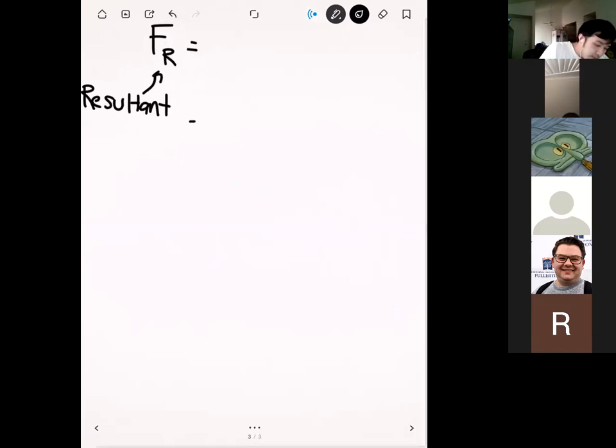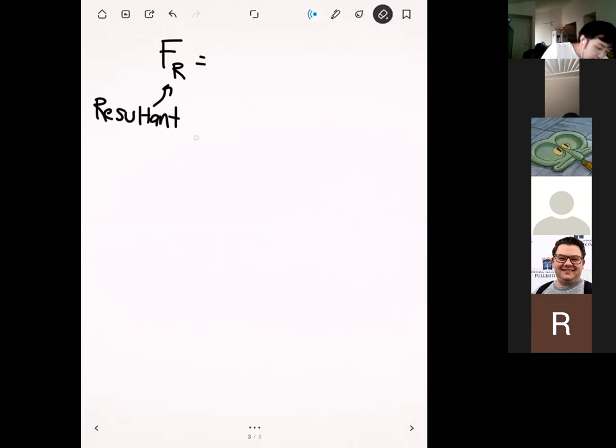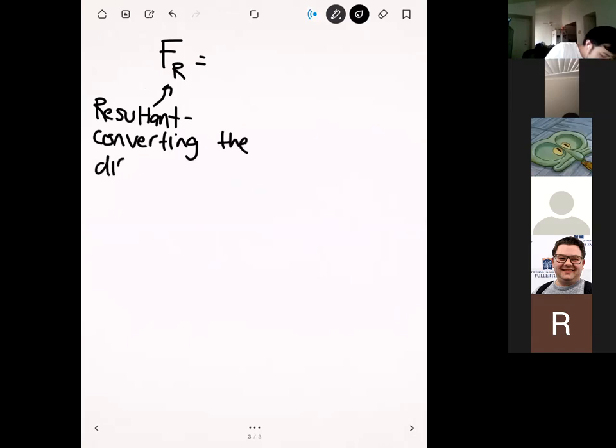And so what this means is that basically we're converting the distributed pressure force into a single force vector.